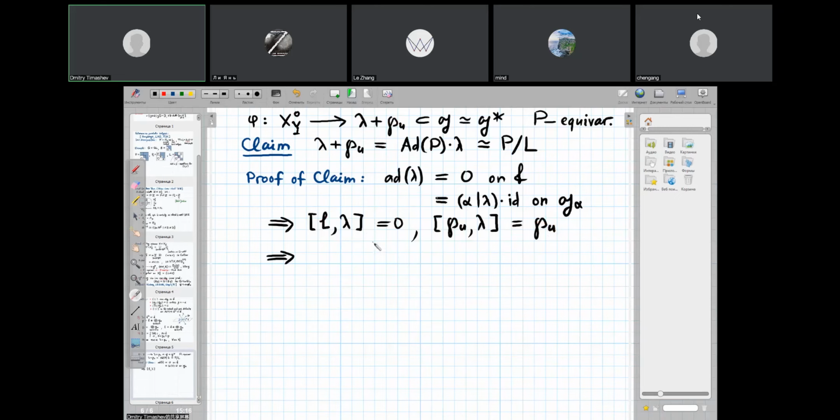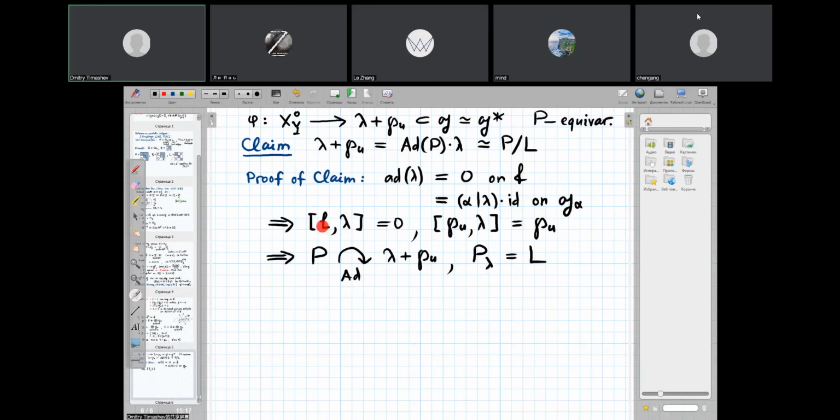So since the Lie algebra of P acts on this affine subspace, the group P itself also acts on it. So we get an adjoint action of P on this shifted subspace lambda plus Pu. And the stabilizer of lambda in P is exactly L, because L stabilizes lambda in view of this formula.